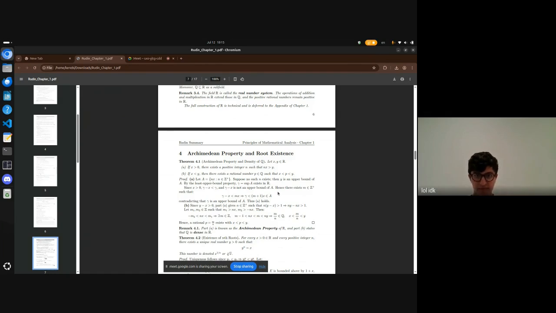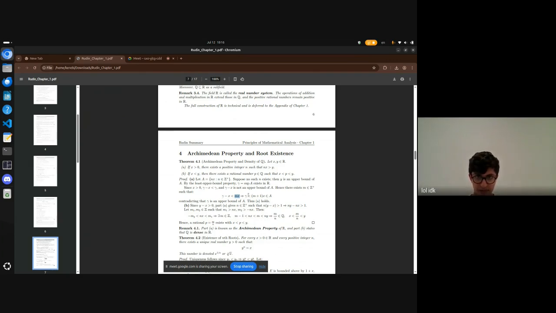Hence there exists m in the integers such that y minus x is less than mx, because y minus x is not an upper bound of a, so it's somewhere between the numbers in the set. That means there exists an integer m such that mx is going to be greater than this.